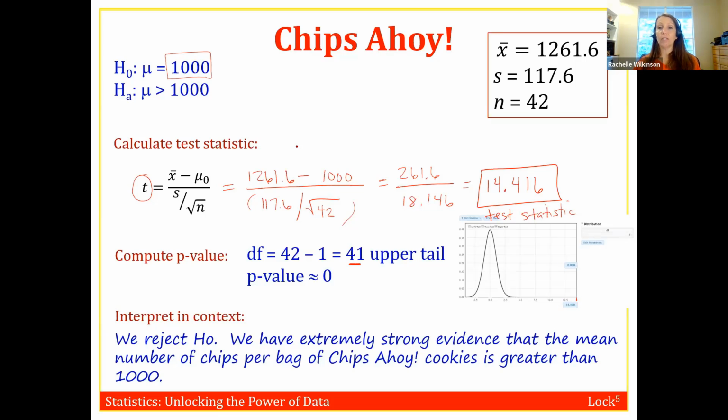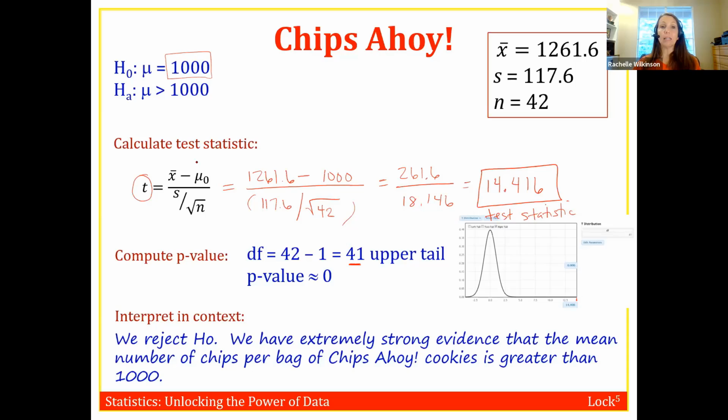The test statistic is never used to construct a confidence interval. T-star is not something that you compute. You know the confidence level and the degrees of freedom, and then you find it on the chart or in StatKey.